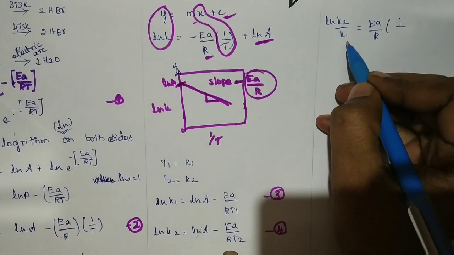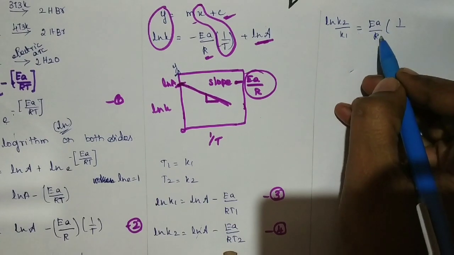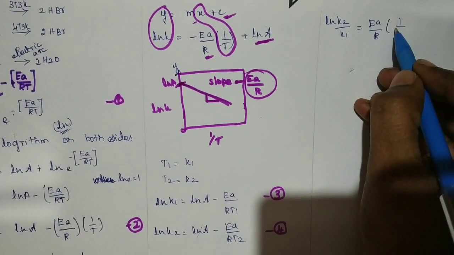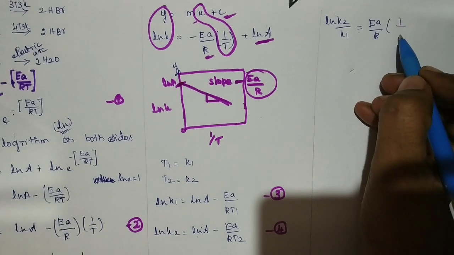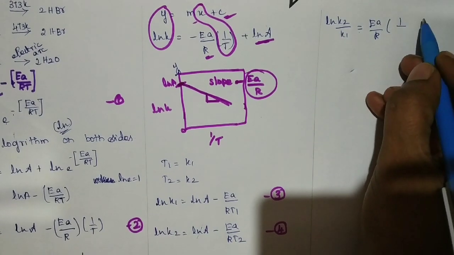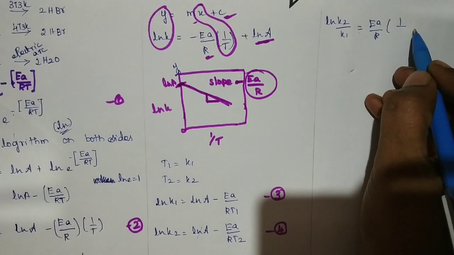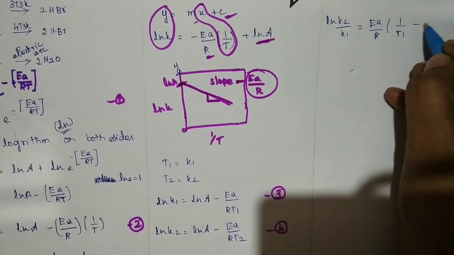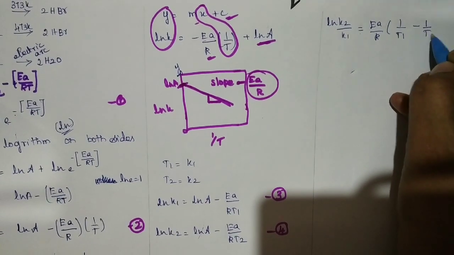ln k2 by k1 is equal to Ea by R into (1 by T1 minus 1 by T2).